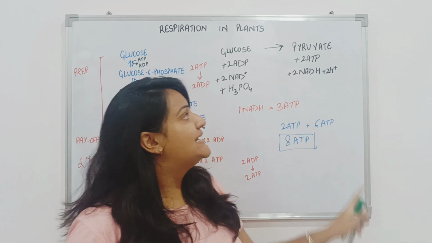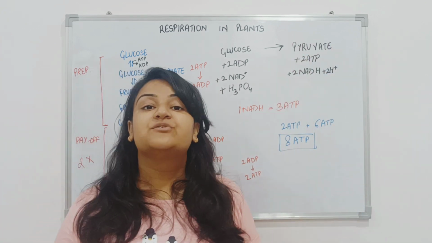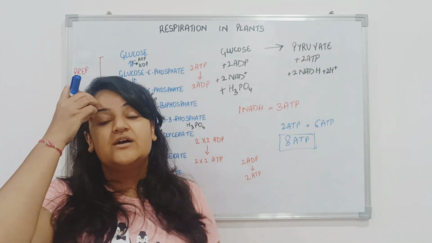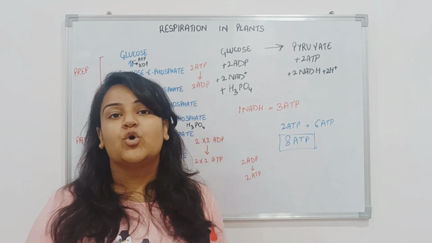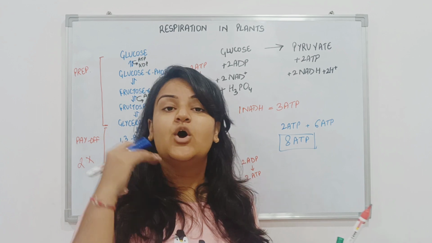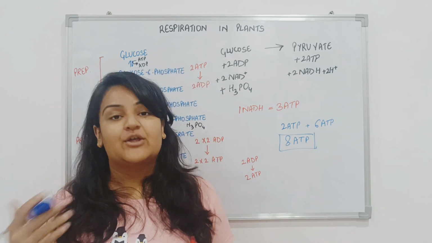Now, apart from ATP, what will be done for this pyruvate? This pyruvate will further go into the process. Either it will go for anaerobic oxidation or it will go for aerobic.